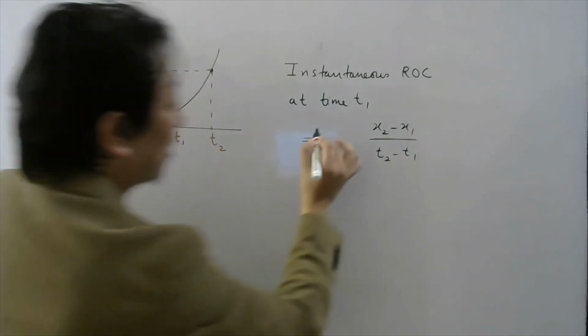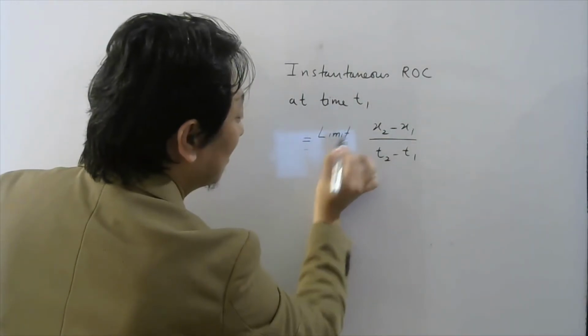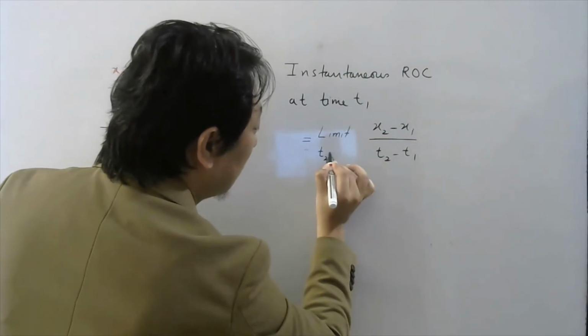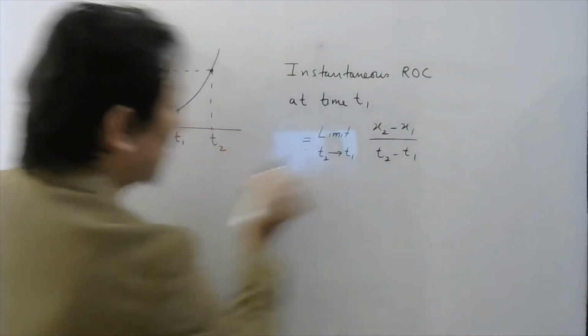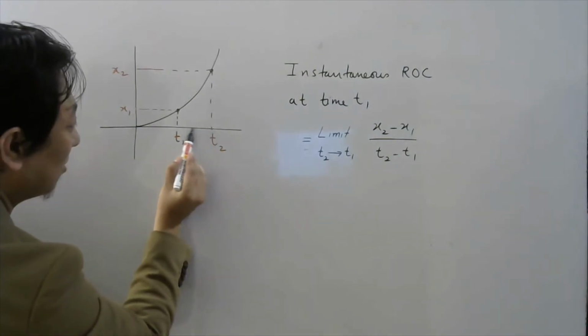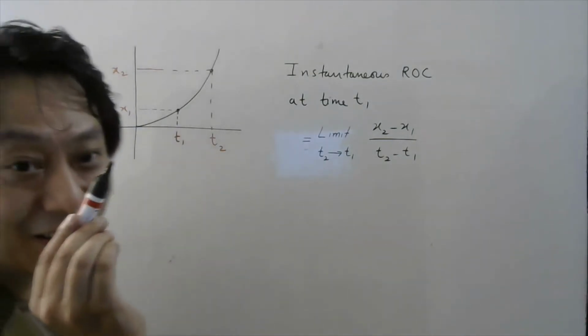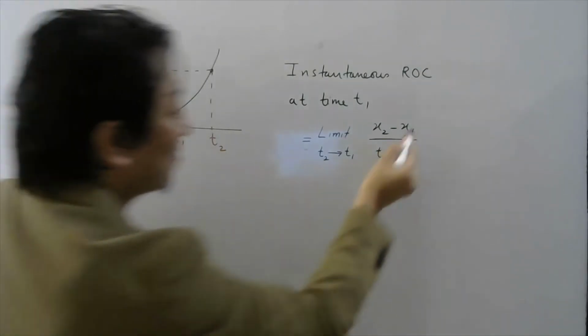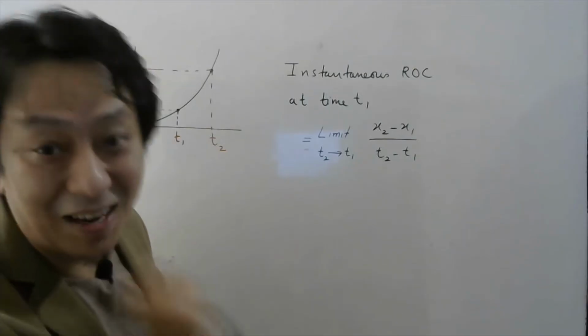And for that, what we will write here is limit, t2 tends to t1. So this arrow means t2 should be very close to t1, then only this part can be taken like a straight line, then only this ratio will be constant in that small interval, right?